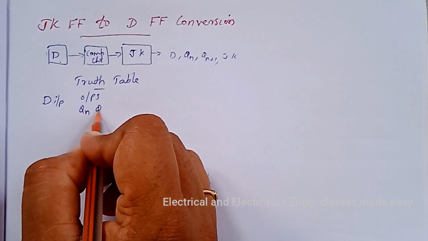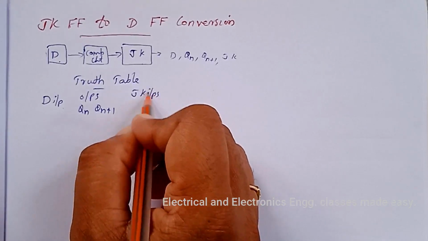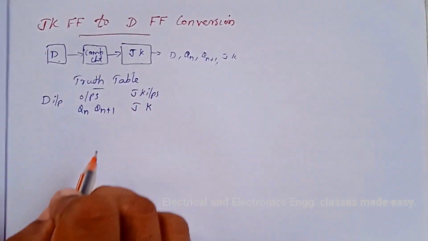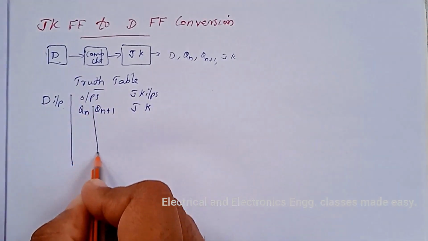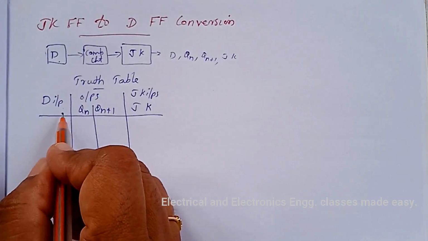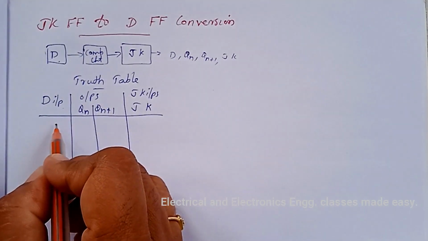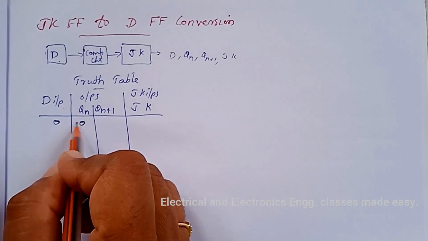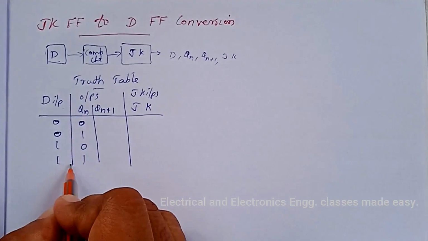Outputs are Qn and Qn plus 1, then JK inputs, that is J and K. So with D input and Qn, the possible combinations are 4: 0 0, 0 1, 1 0 and 1 1.